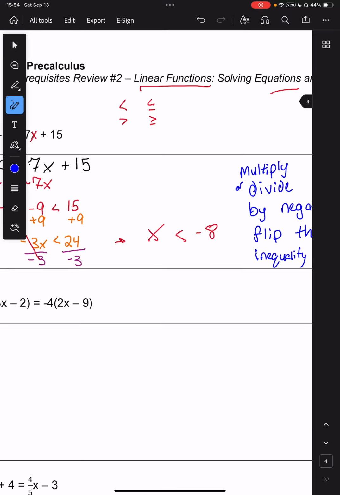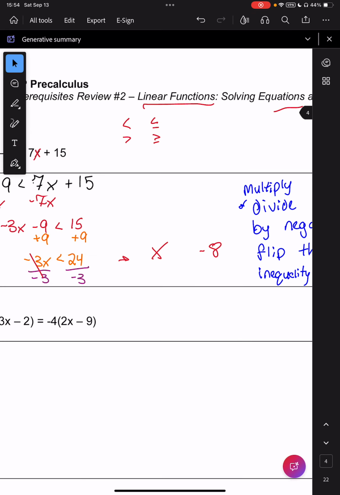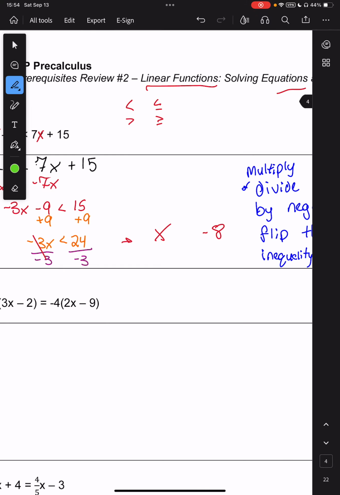So instead of x being less than negative 8, what we actually have is x is greater than negative 8. We flip the sign because we divided by a negative. So our x values will be greater than negative 8. So that's the answer to the first one.